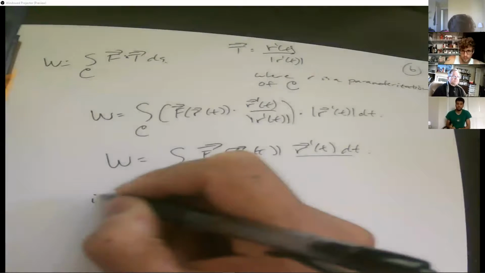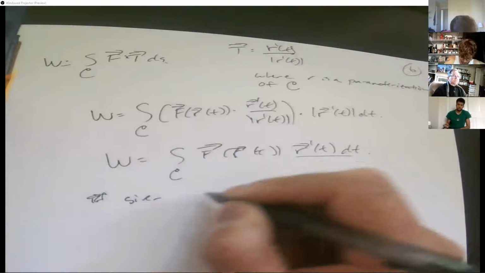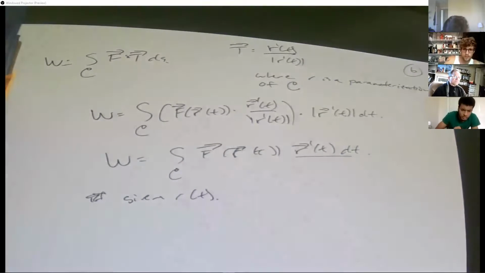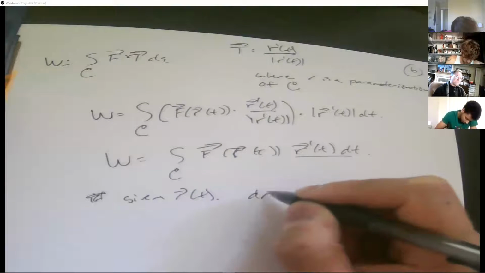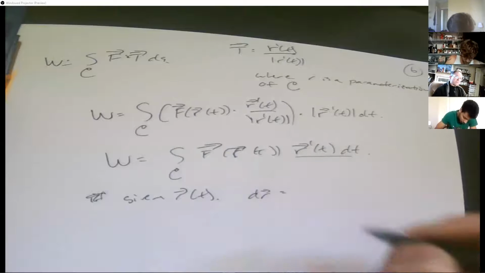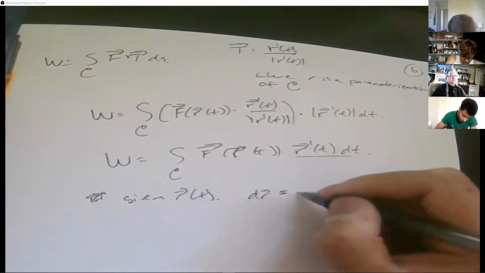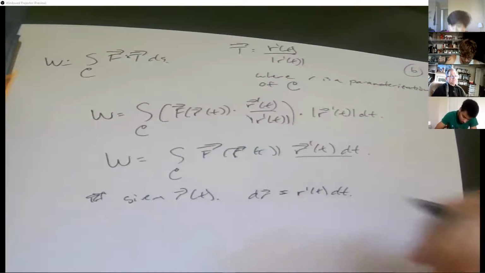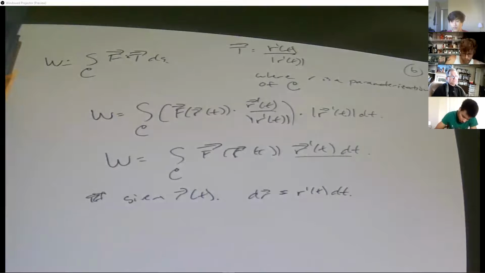So if r is given by r of t, then dr, as a vector, should be r prime of t dt, right?